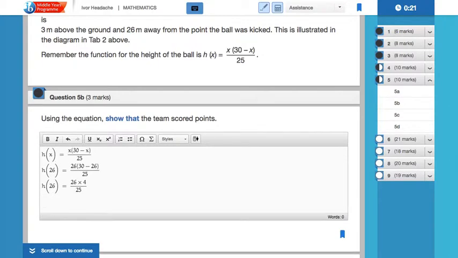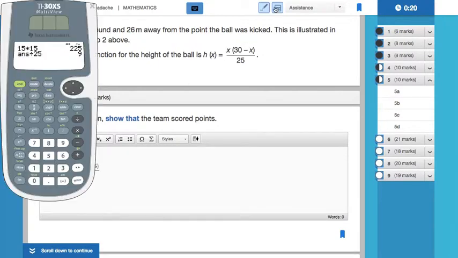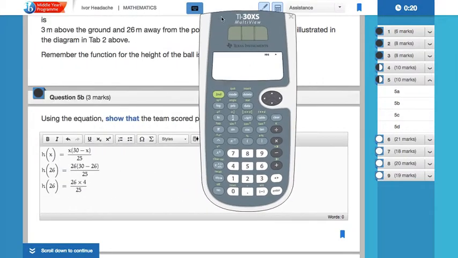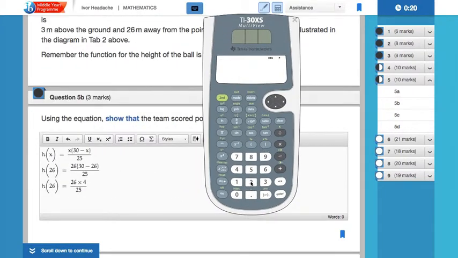And then again, back to the calculator. So on the calculator, let's just clear all of that from before and move it over. So 26 times 4 divided by 25 is 4.16.